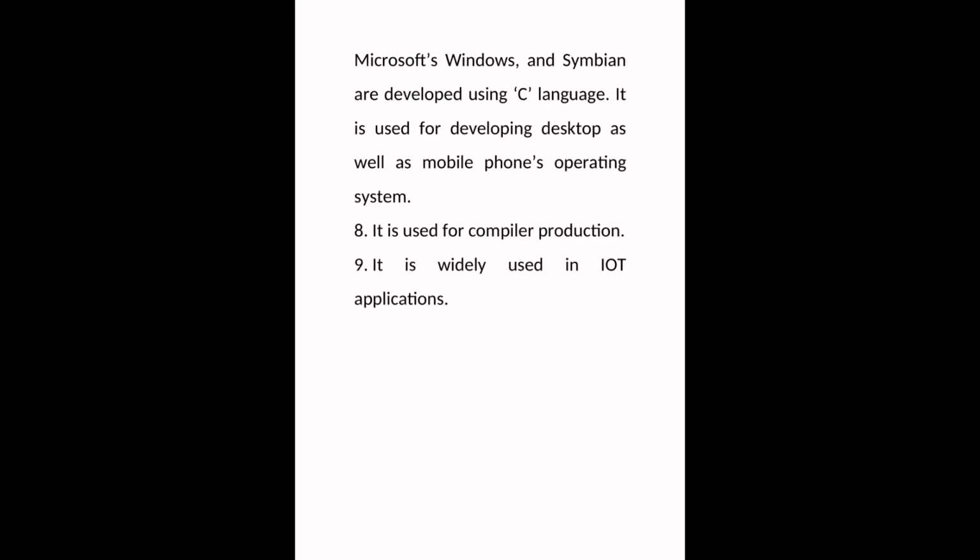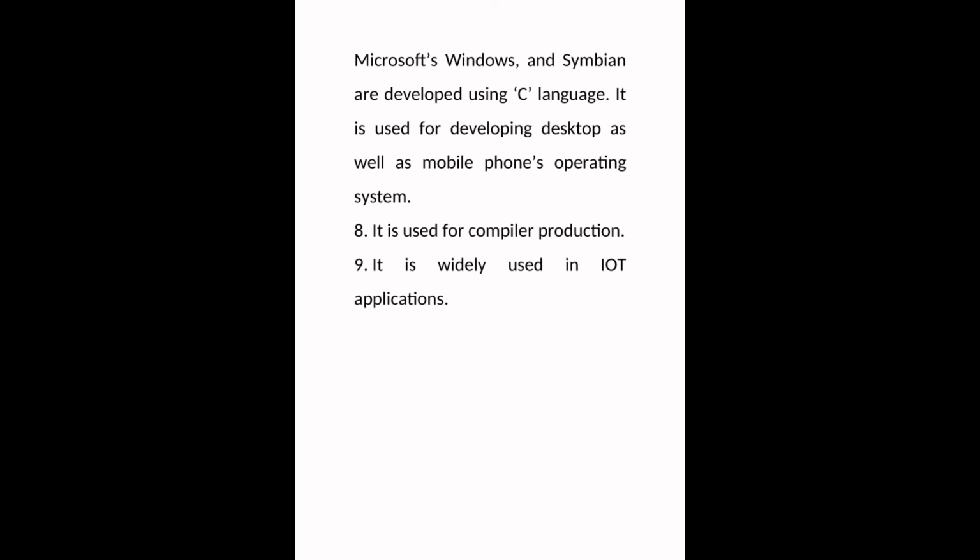Microsoft Windows and Symbian are developed using the C language. Microsoft's Windows operating system and the Symbian operating system were developed using the C programming language.